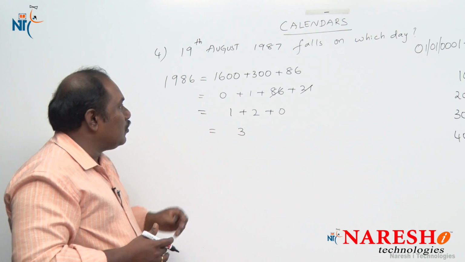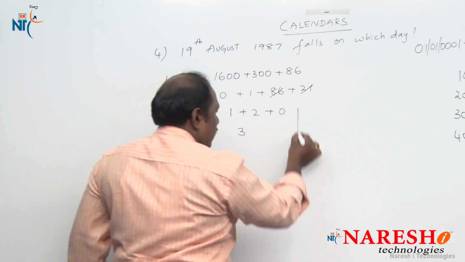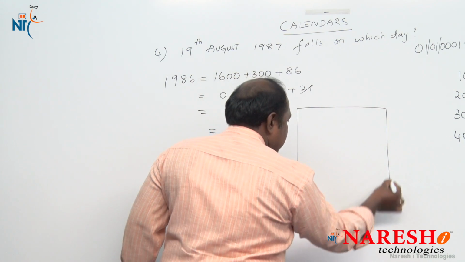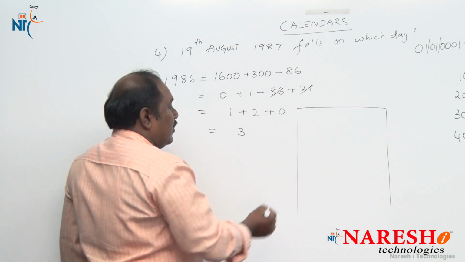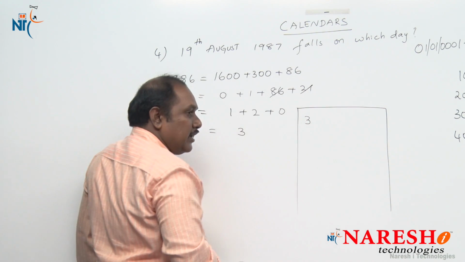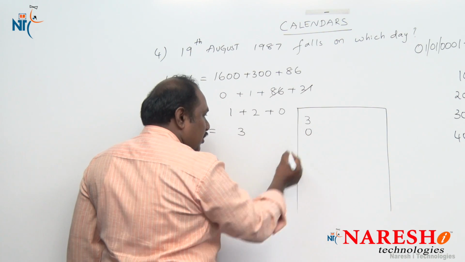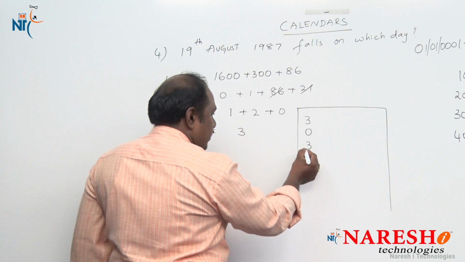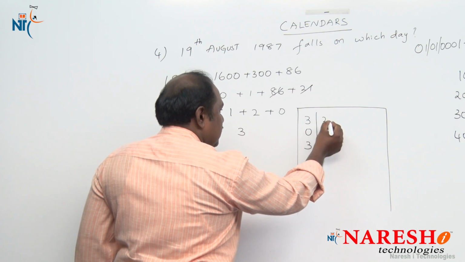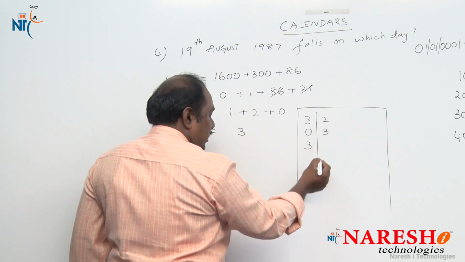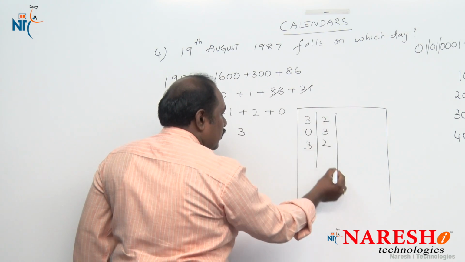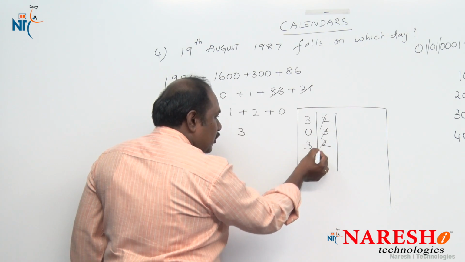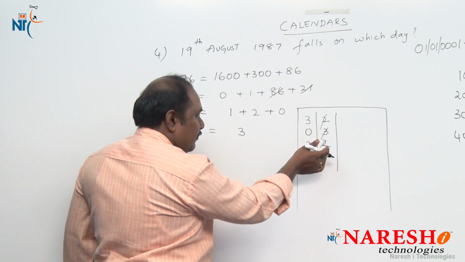Now enter into 1987. Now 1987 is a non-leap year. January has 3 odd days, February has 0, March has 3, April has 2, May 3, June 2. Now if you look here, 2, 3, 2 I can cancel because they make a week.